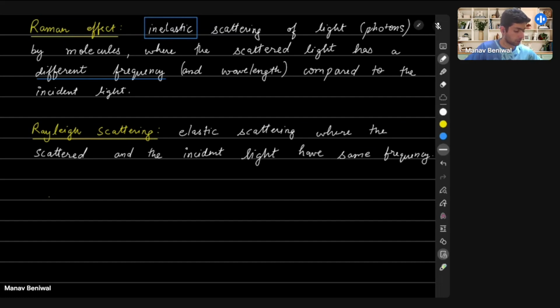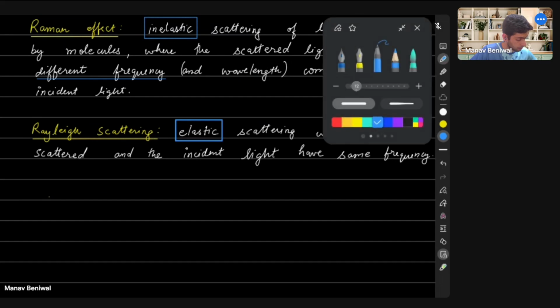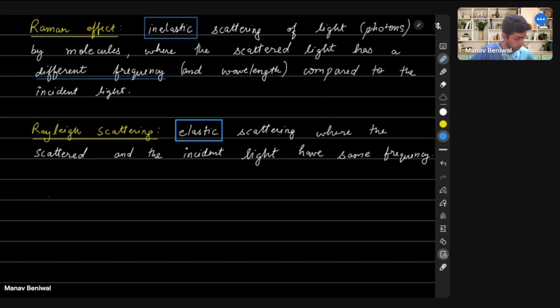So how is it different? It is different because this scattering is elastic, right? So this is elastic scattering. Here both the scattered and the incident light have the same frequency.